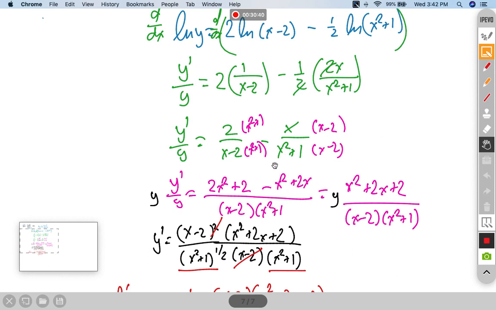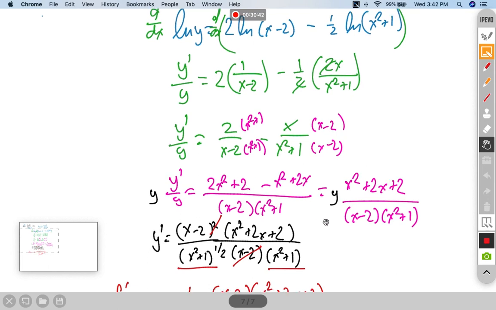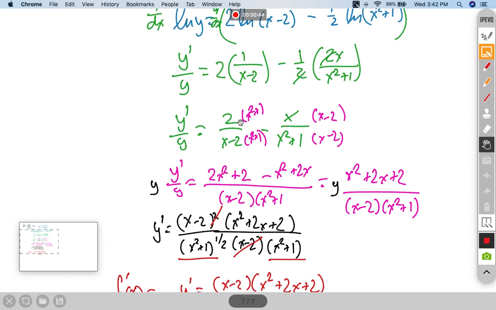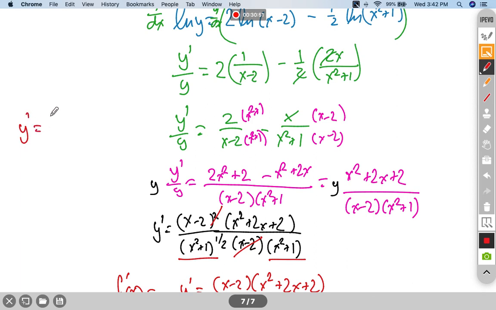And if I didn't need it in simplest form, I could just at this point say, oh, y prime equals x minus 2 squared over x squared plus 1 to the 1/2 times 2 over x minus 2 minus x over x squared plus 1.